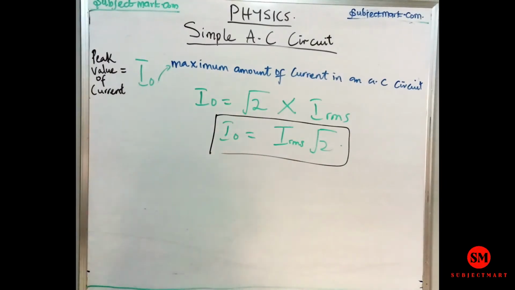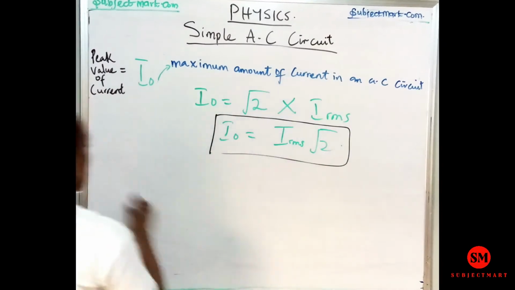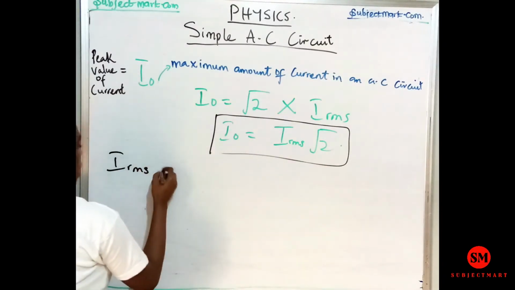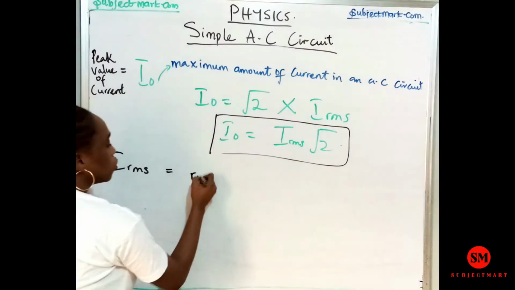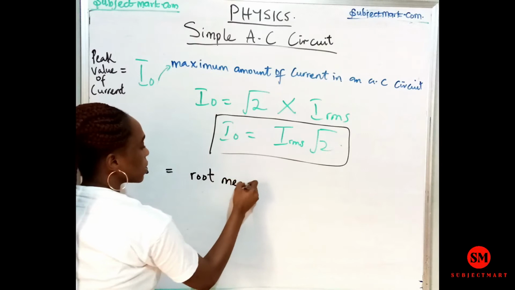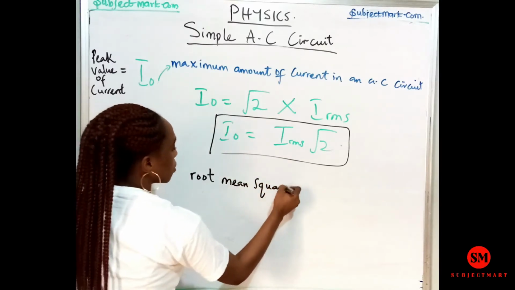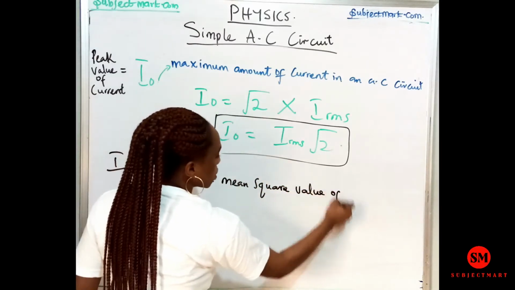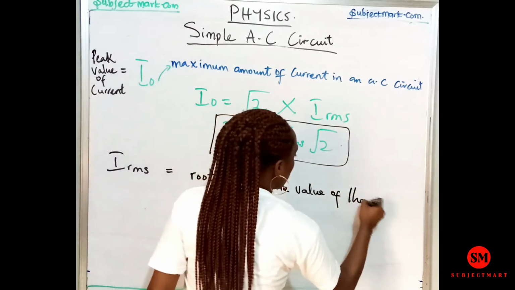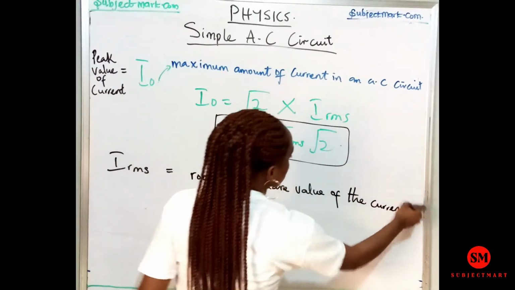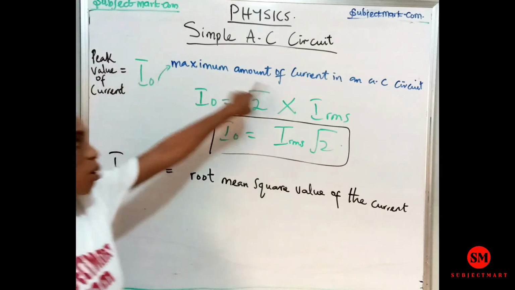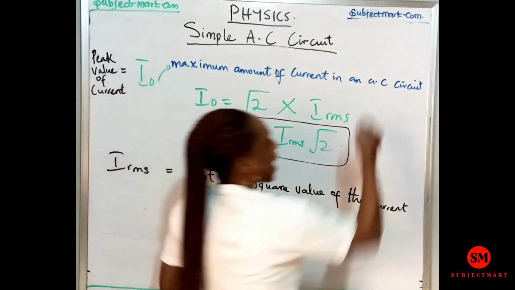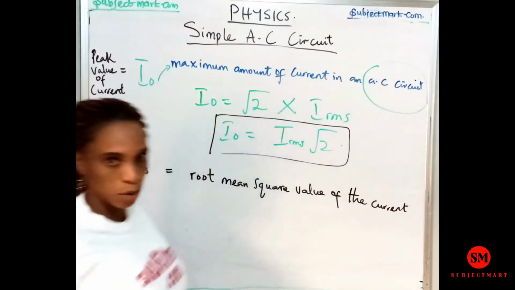So my question now is, what is Irms? Irms means the root mean square value of the current. I said that the peak value of current is the maximum amount of current in an AC circuit.